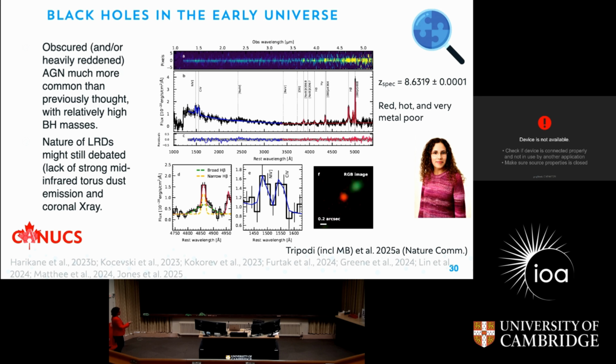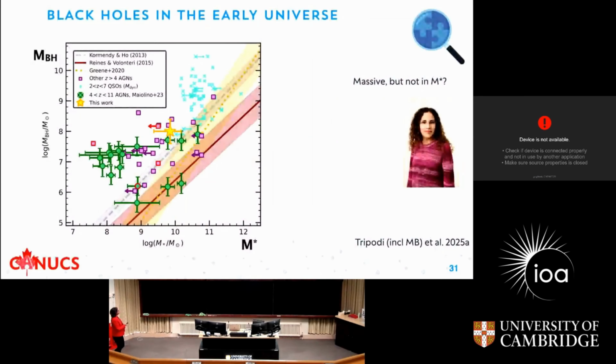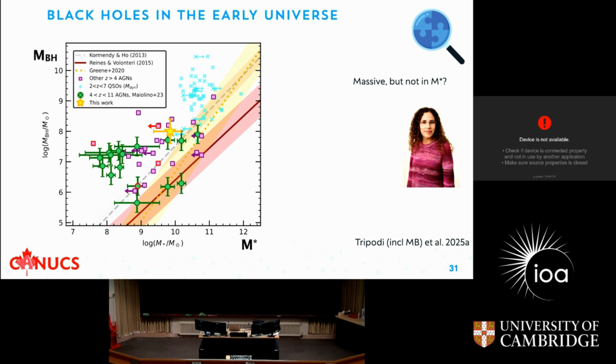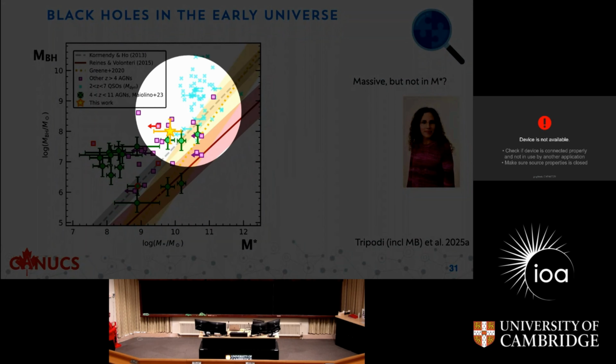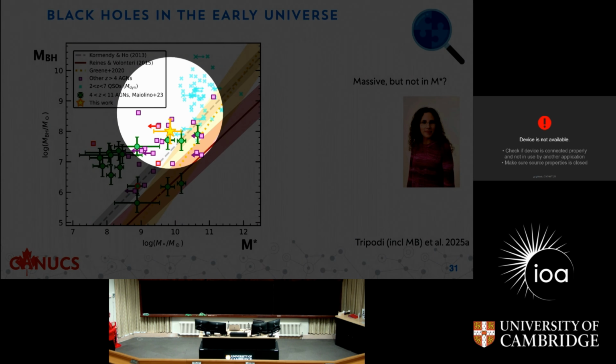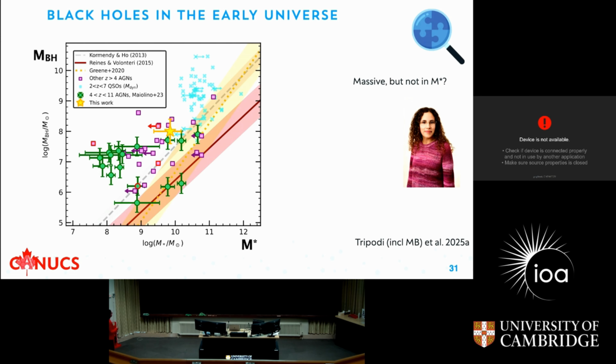When you go after this one and you measure its black hole mass, modulo all the complications, since we might not exactly know how to measure black hole masses, but if you trust the measurements that everybody is doing, then this object has a very massive black hole, especially in relation to its stellar mass.